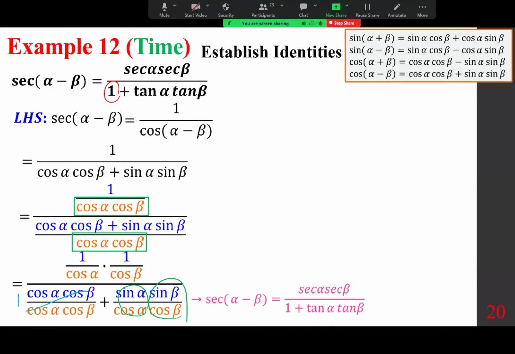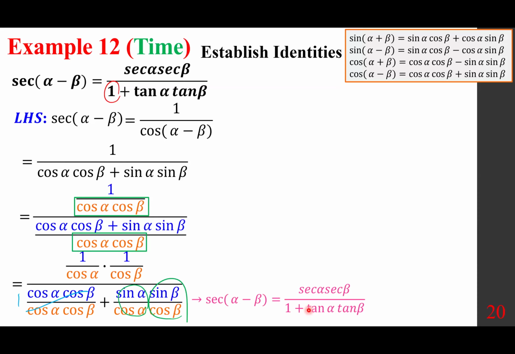So we proved that secant alpha minus beta is now this one, which is secant alpha, secant beta over 1 plus tan alpha tan beta. We just proved that. We could use the right-hand side.